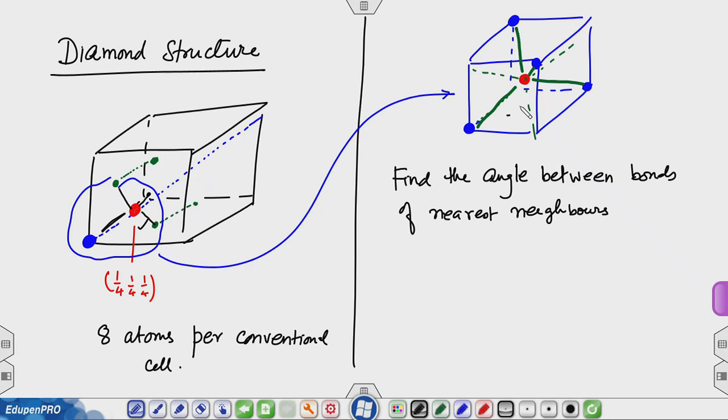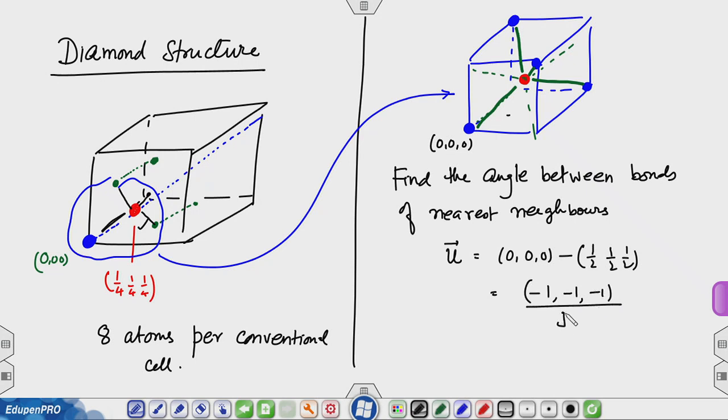So if I take the corner atom to be 0, 0, 0, similarly on this diamond side, I take 0, 0, 0, then the vector from the central atom to the corner atom, so let's call this vector u, is going to be 0, 0, 0 minus either a quarter or 1/2, it doesn't matter, because the normalized vector is going to be the same. So this is actually minus 1, minus 1, minus 1 divided by root 3. I'm dividing by root 3 to normalize it.